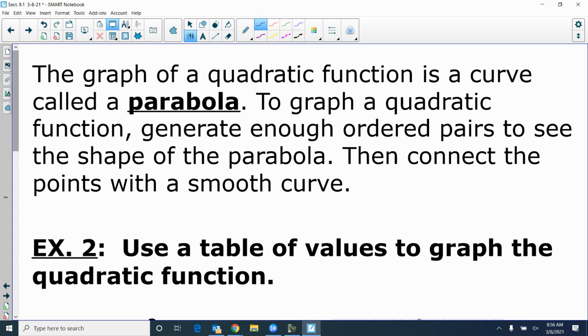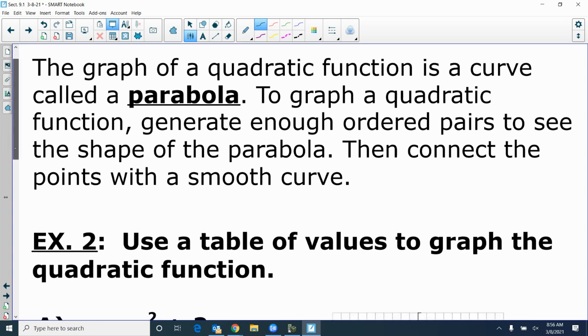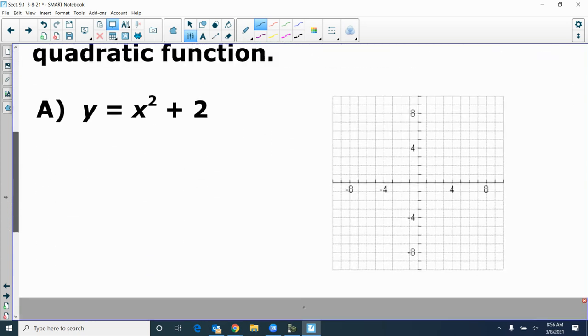If you see an x squared, you got to think U shaped in the end. Now it says use a table of values to graph the quadratic function. So you got y equals x squared plus 2 there. All right, so right below the equation, make a little xy chart.